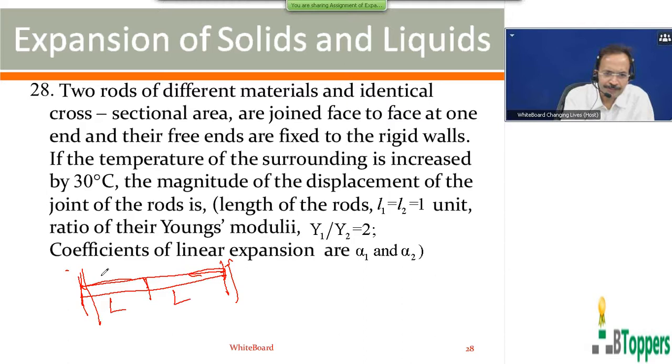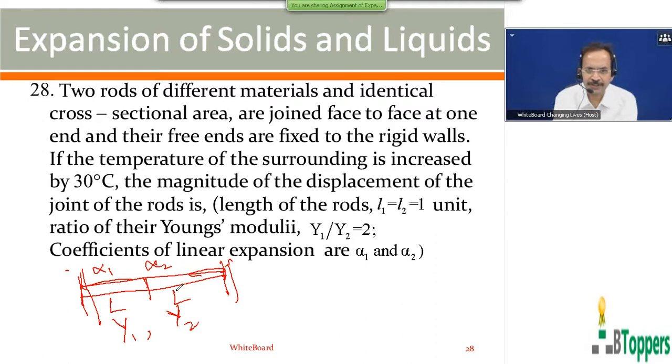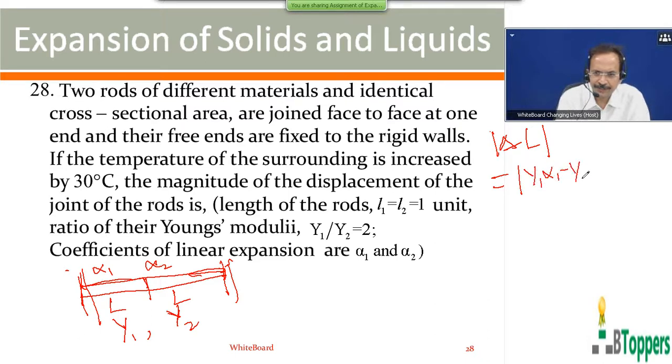If L is the length of each rod, alpha 1 and alpha 2 denote the coefficients of linear expansion of the materials of the two rods, Y1 and Y2 denote the Young's moduli of the materials of the two rods, and if the two rods are initially with negligible tension, and then the temperature of the system changes by an amount delta T, then the magnitude of the displacement of the junction of each rod is given by mod of (Y1 alpha 1 minus Y2 alpha 2) into L delta T, divided by Y1 plus Y2.